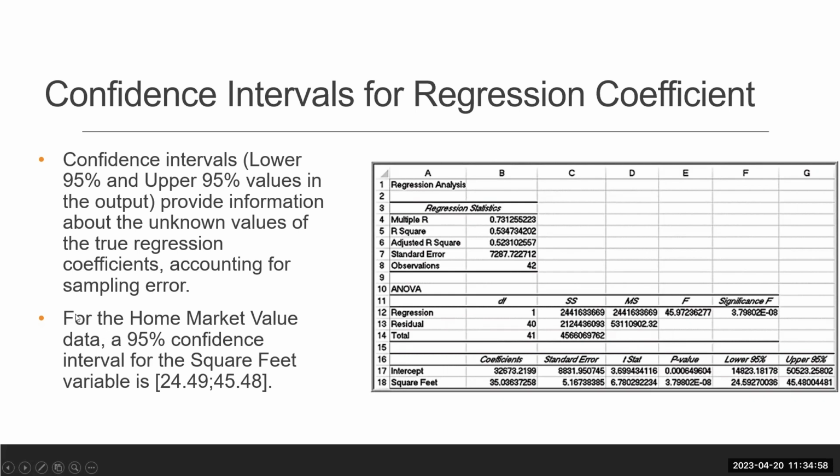Interpreting this, for the home market value data, a 95% confidence interval for the square feet variable is 24.49 to 45.48. That means that the true parameter, with 95% confidence, is going to be between 24.49 and 45.48. And that's with 95% confidence.